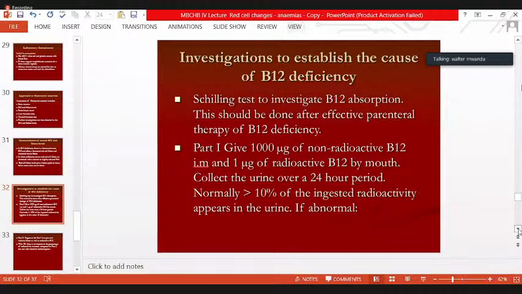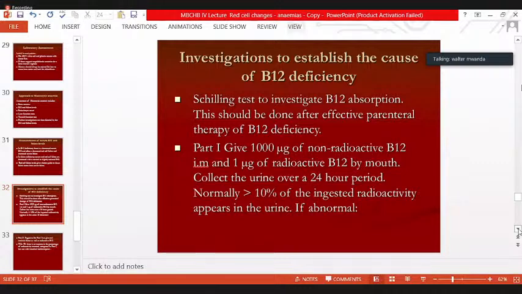The others may be due to abnormalities in the ileum. You may know that vitamin B12 is absorbed at the terminal ileum. If there's a disease of the terminal ileum, maybe it's removed surgically for one reason or the other, or there's a disease such as Crohn's disease which affects the terminal ileum, there will be malabsorption of vitamin B12.